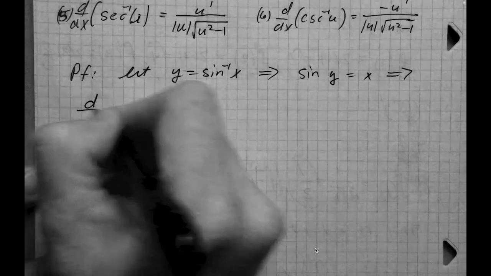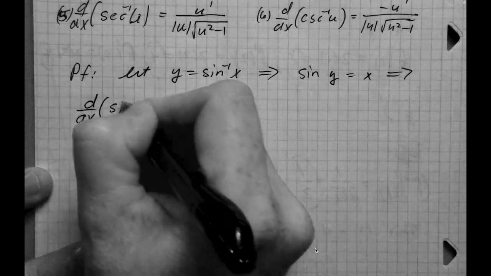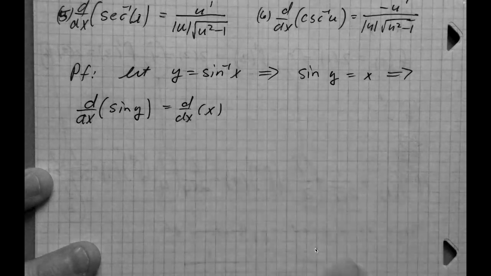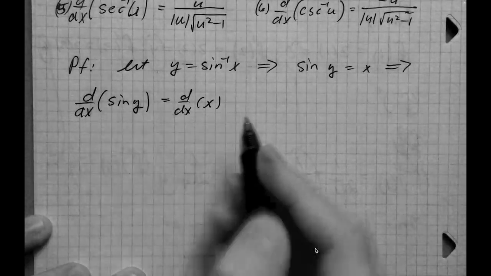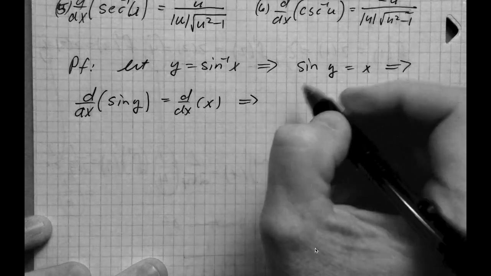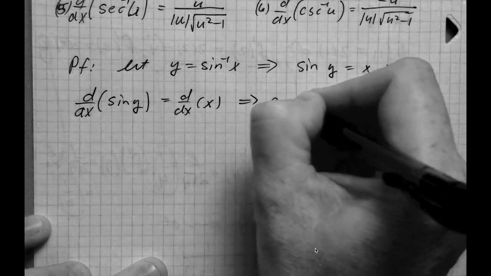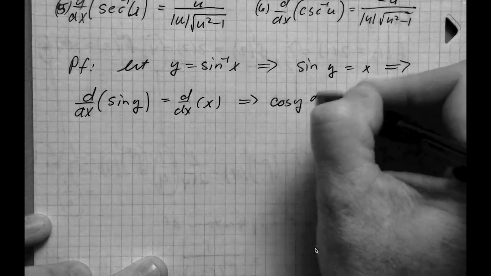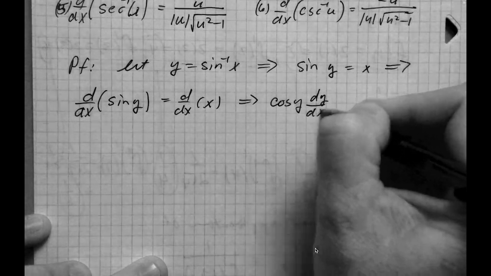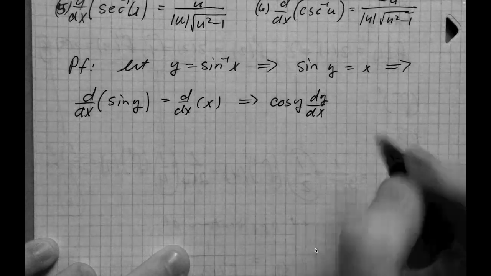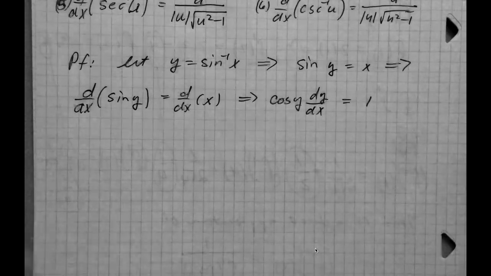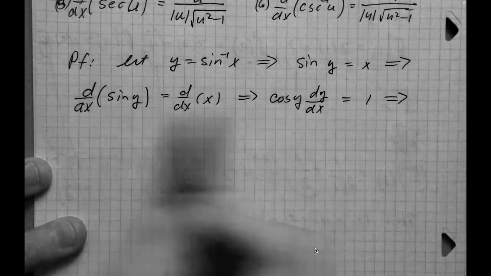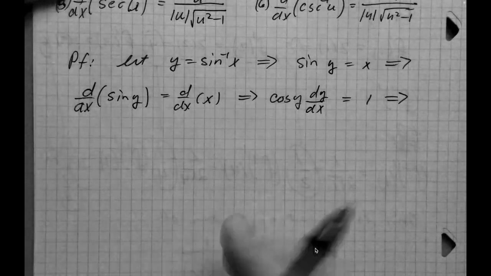We go d dx of both sides. We know this is going to be cosine of y, and because we're differentiating y with respect to x, you have to toss on this chain rule piece, dy dx, and the other side is just 1.